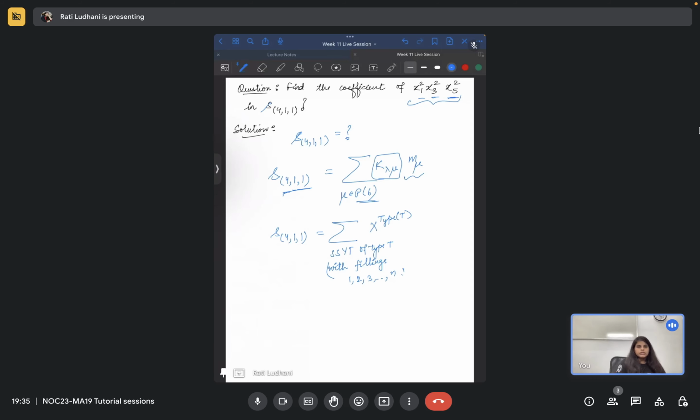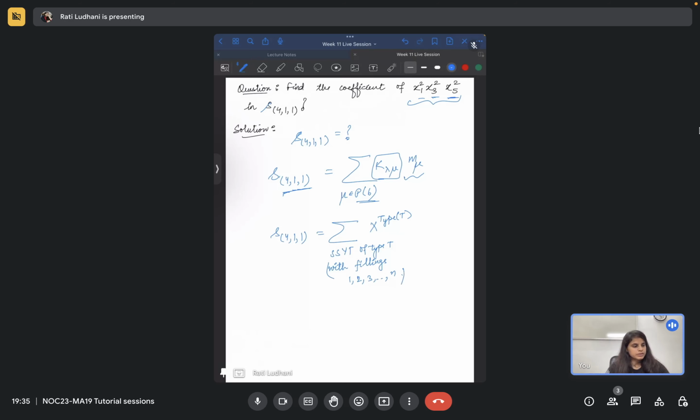So you need to find the type. Type means, when we fill it, we will fill it using 1, 2, 3, 4, and the number of times 1 is repeated will be your first entry in the type.